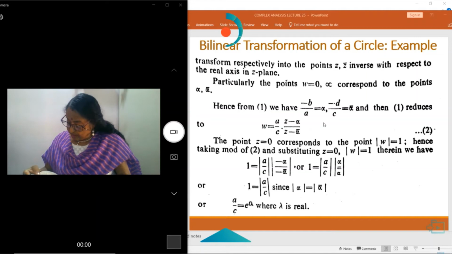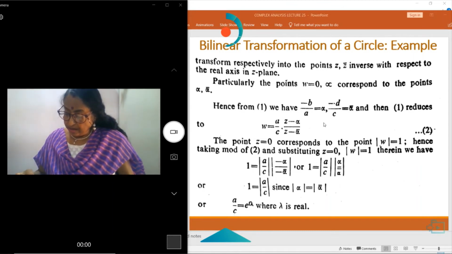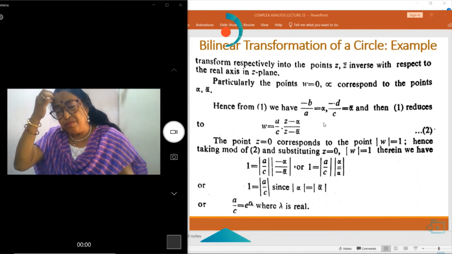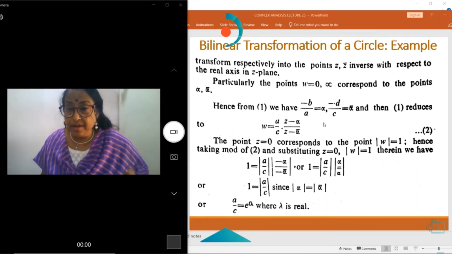W equal to 0 means mod W is less than 1, which means an interior point of the circle.